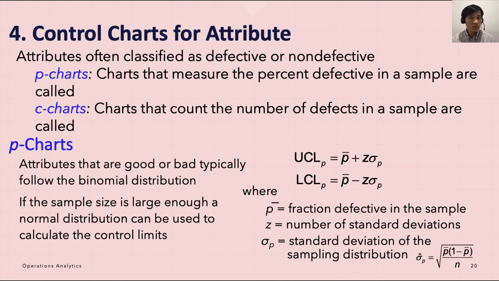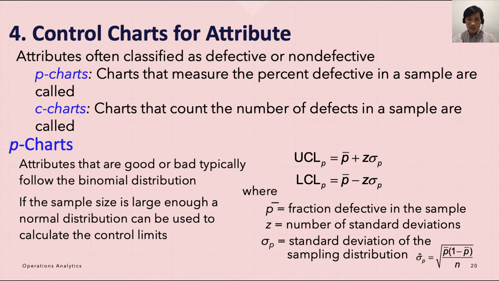Attributes that are good or bad typically follow the binomial distribution. If the sample size is large enough, a normal distribution can be used to calculate the control limits. And the formulas are: UCL P equals P bar plus Z times sigma P. And the lower control limit is just subtracting Z times sigma P. P bar is the fraction defective in the sample, and Z is, as you learned, 2 or 3.